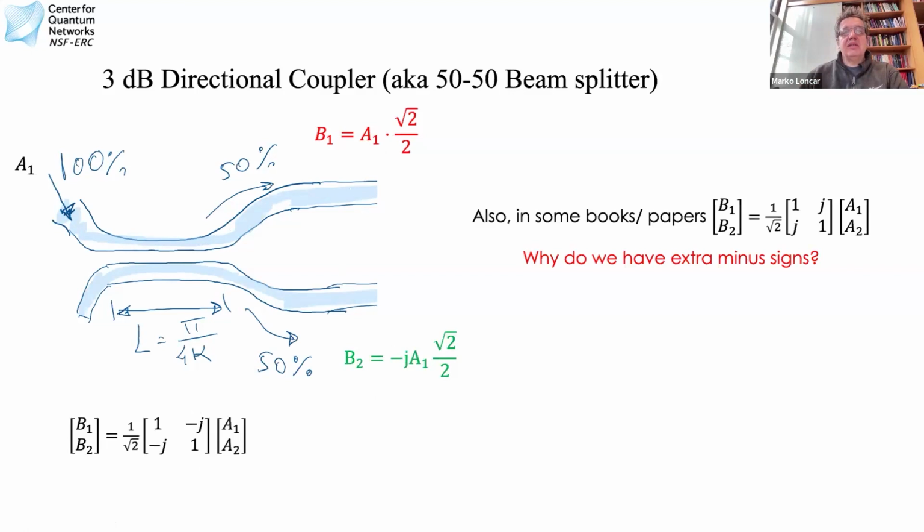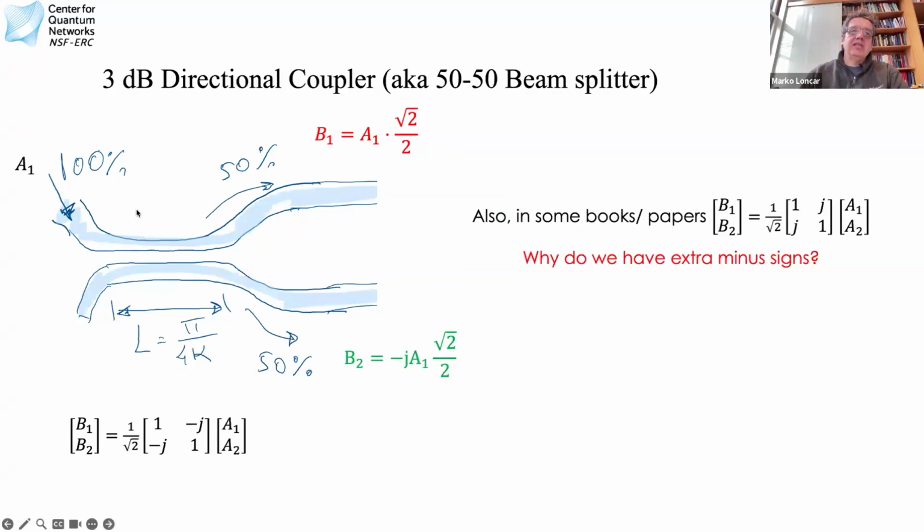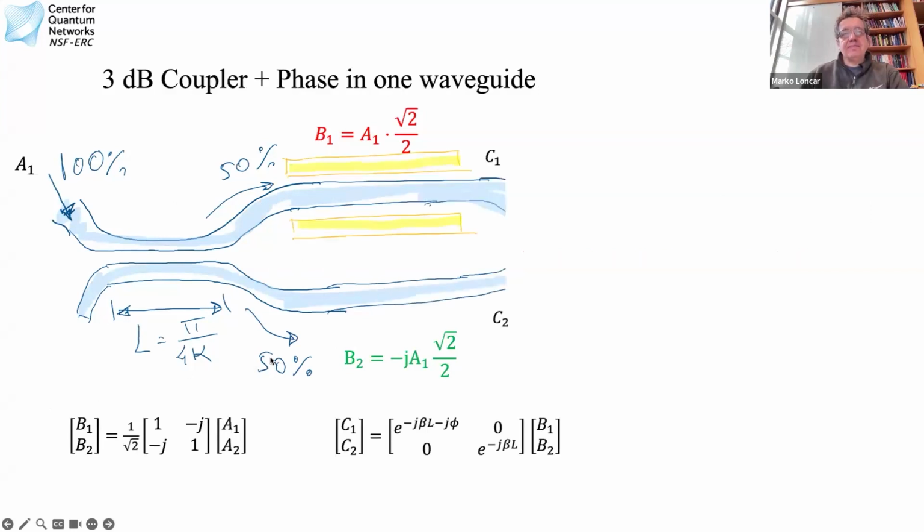And so now with this in mind, I can actually make an even more complex device. I start with this 50-50 directional coupler, 50-50 beam splitter, okay? So I'm writing here what is field intensity, B1 and B2, at the output of this as a function of input, A1 and A2. And now I can add a propagation section, okay?